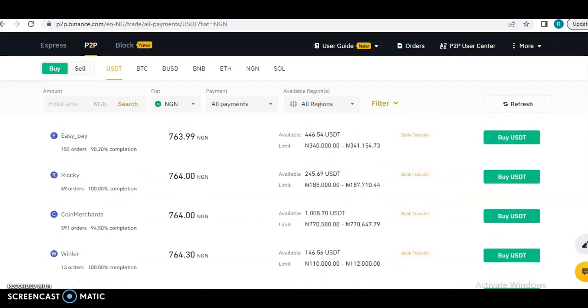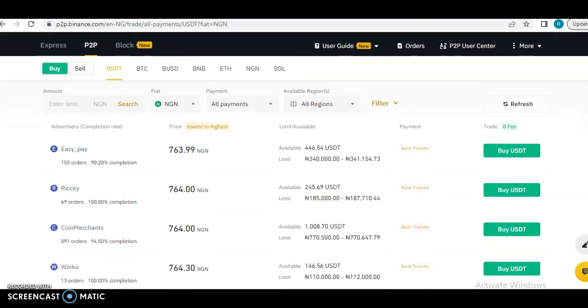Then after that, there's another thing you need to look out for. Can you see this available here? The available means that this particular person has 446 USDT available to him. Now the limit means that he only sells to anyone who is willing to buy within a certain range.